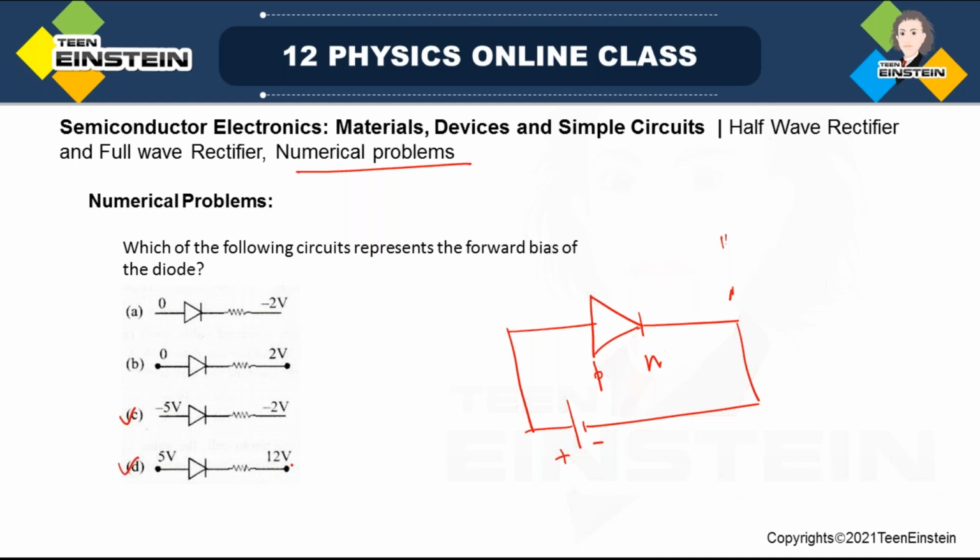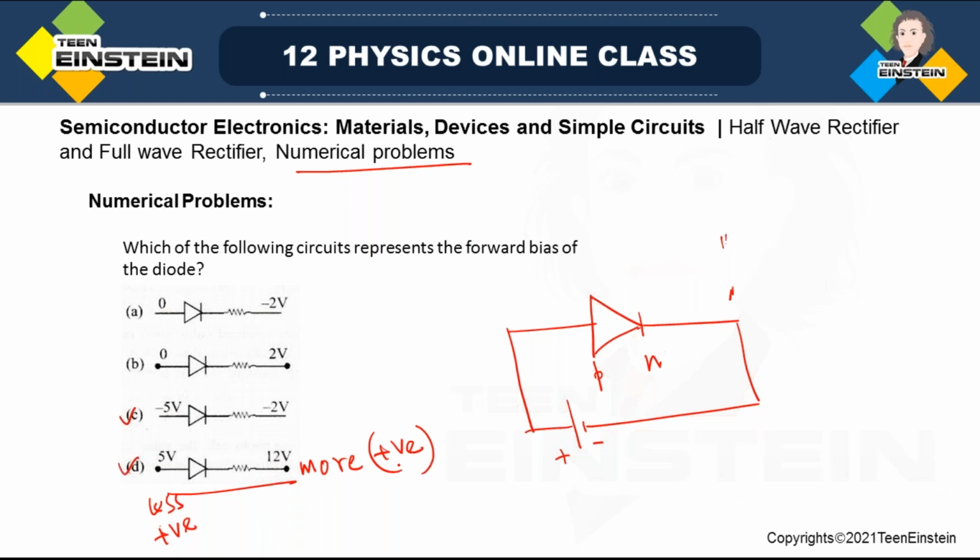When both are at positive potential, you have to see which one is more positive and which one is less positive. In this case, this side is less positive because it is 5 volts, and this side is more positive, 12 volts.